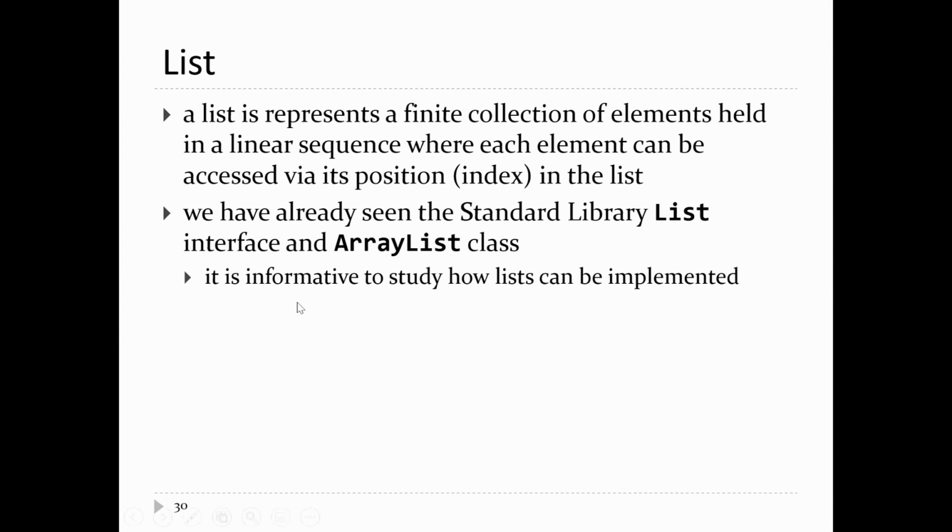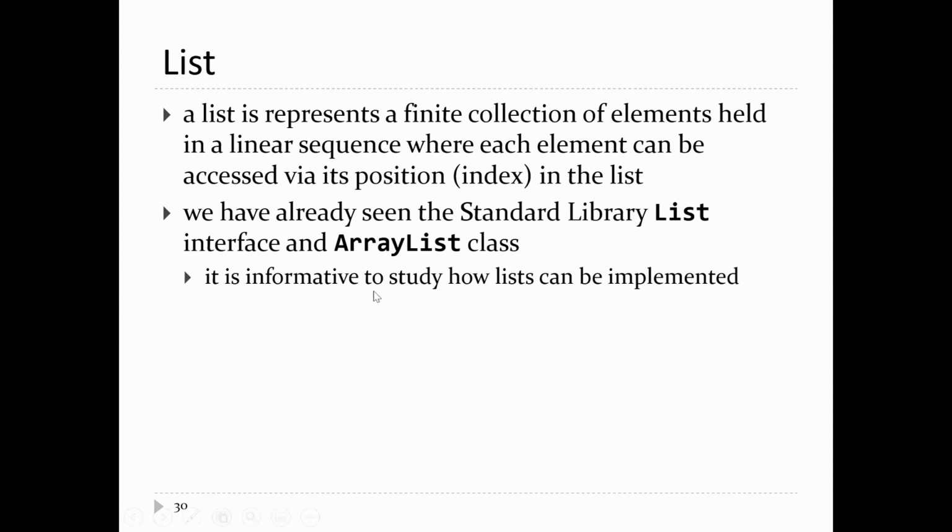Now, you would normally not do this on your own. You normally wouldn't implement a list class on your own because the Java Standard Library already has the list classes for you. They're well tested, heavily used, well implemented. And so you would never ordinarily roll your own list data structure in Java.